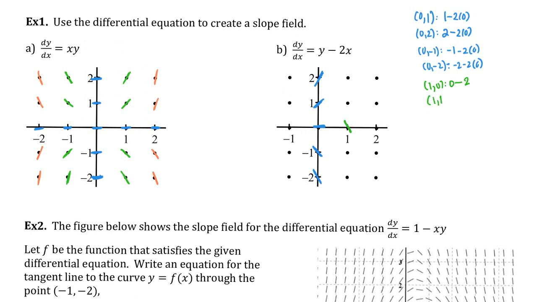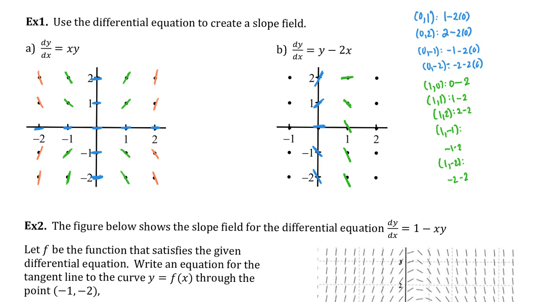How about (1, 1)? 1 minus 2 is -1. (1, 2): y is 2, so 2 minus 2, that's 0. Let's try (1, -1). -1 minus 2 is -3. (1, -2): -2 minus 2 is -4, which is pretty steep.